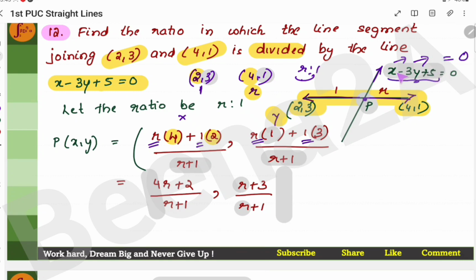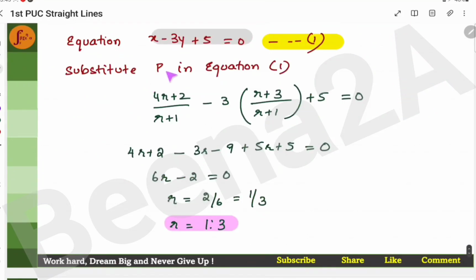So you substitute this point P: you have x, then minus 3, instead of y you put this, then plus 5. You simplify and get R as 1 by 3. You have to write it in the form of a ratio: R is equal to 1:3.